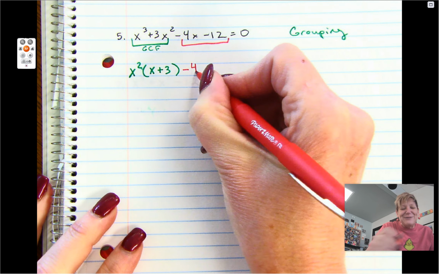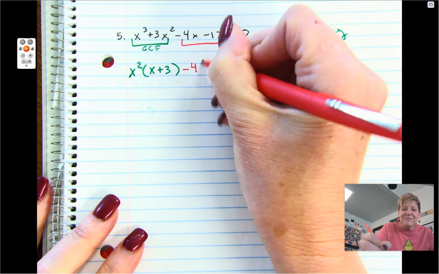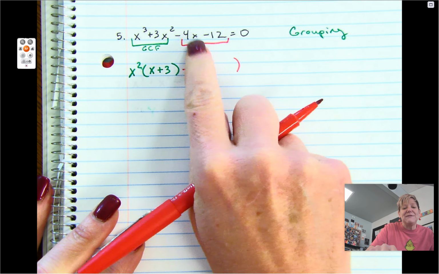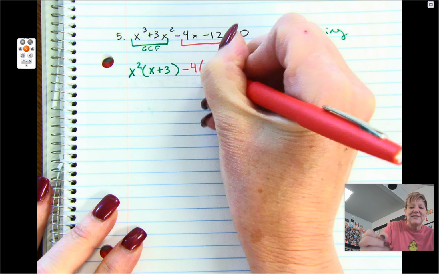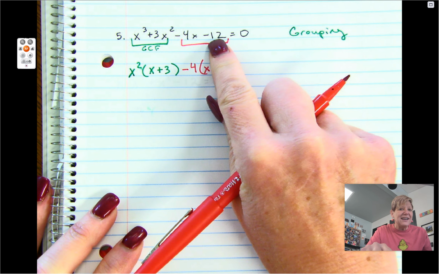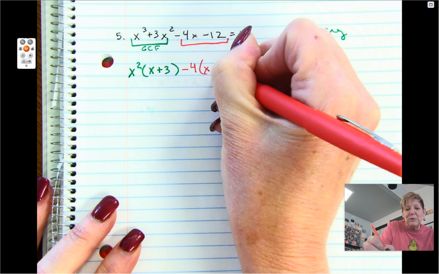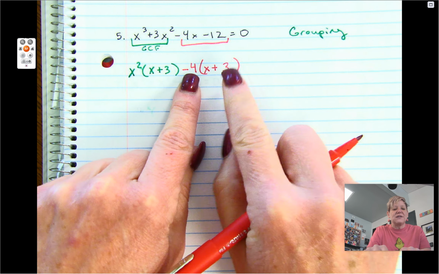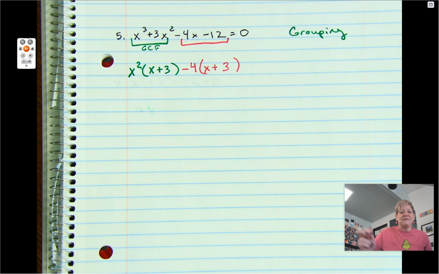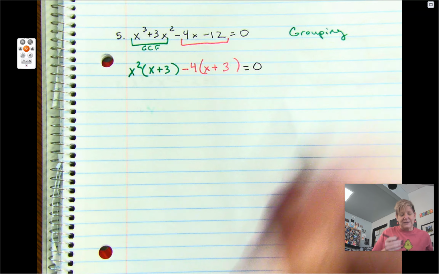So we're going to factor out a 4 out of both of those. That's going to leave us with an x. When we factor a negative 4 out, because of that negative, this is going to leave us with a positive 3. And to check that, negative 4 times positive 3 is a negative 12. So this is what we have at the moment.